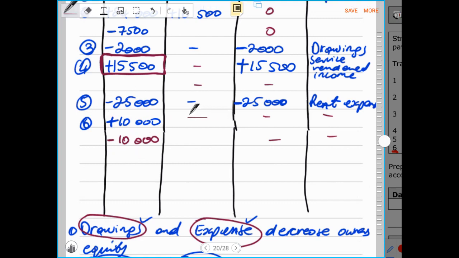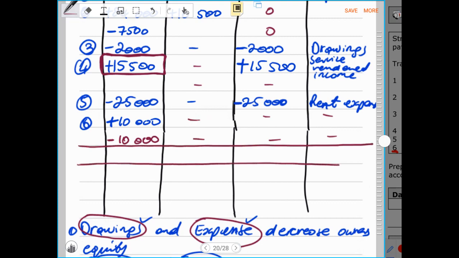So now we can calculate the totals at the bottom and balance our accounting equation.